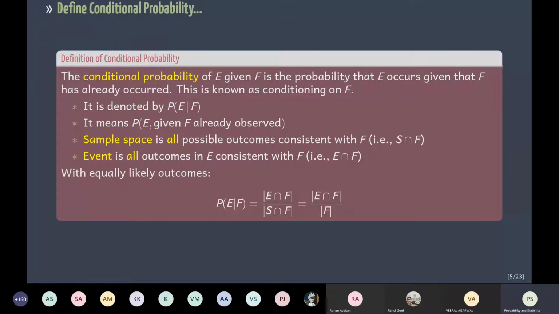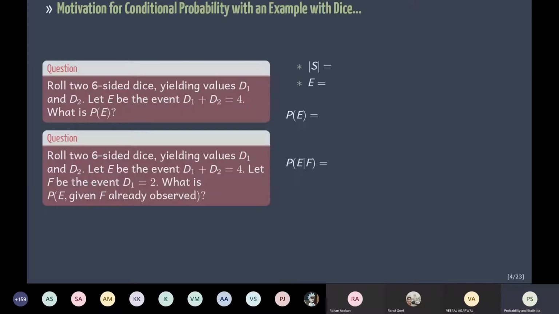With equally likely outcomes, the probability of E given F can be taken as this ratio. S intersection F, I am assuming that F is an event, so F is a subset of S, and hence I can write it like this. One way to compute conditional probability is like this, and this is what we did in the previous slide.